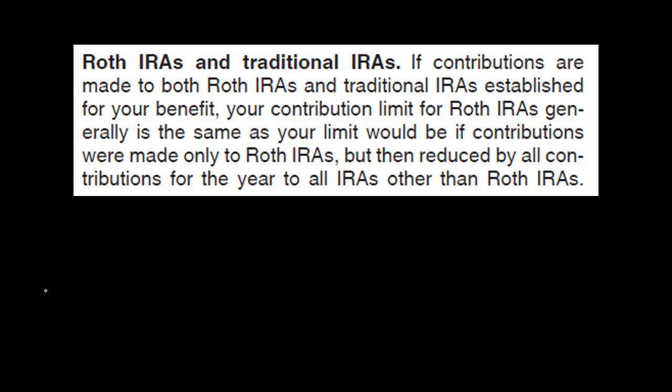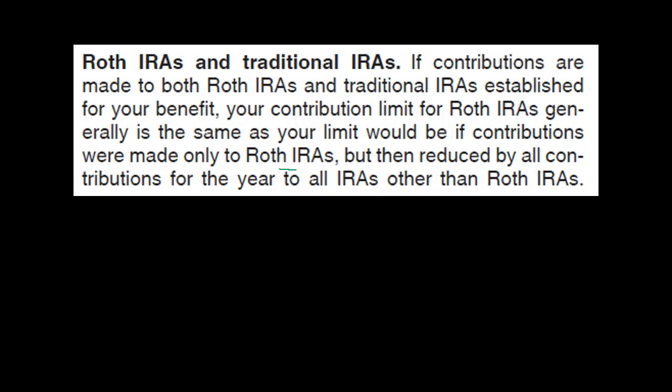Roth IRAs and traditional IRAs. If contributions are made to both Roth IRAs and traditional IRAs established for your benefit, your contribution limit for both IRAs generally is the same as your limit would be if contributions were made only to Roth IRAs, but then reduced by all contributions for the year to all IRAs other than Roth IRAs.